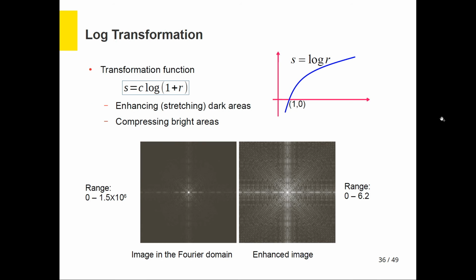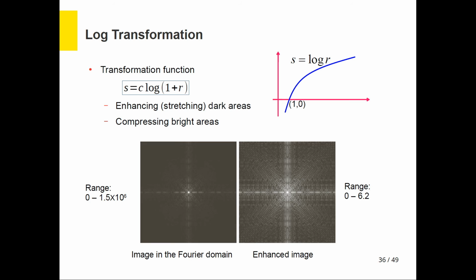Another basic intensity transformation function is the log transformation, which is used for enhancing or stretching dark areas in an image. The way the log transform function works is that it basically reduces the range for bright regions while increasing the range for dark regions. So in effect, it compresses bright areas in an image.